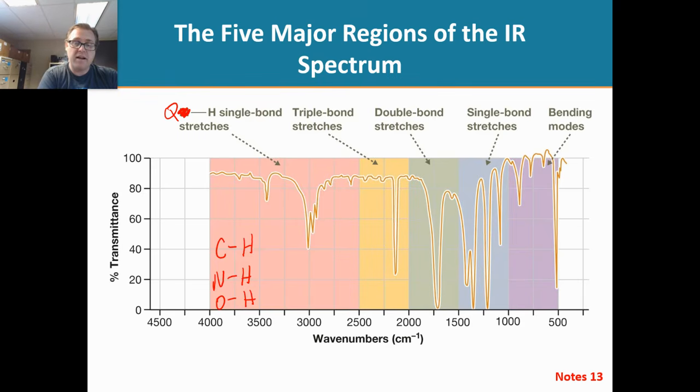A carbon hydrogen stretch is approximately in the range of 2700 to 3300 inverse centimeters, whereas the nitrogen hydrogen stretch is going to be around 3300 inverse centimeters to 3500. And alcohols are going to be above 3600.